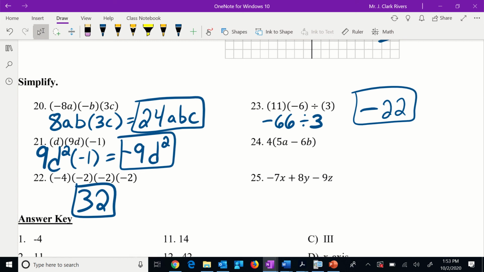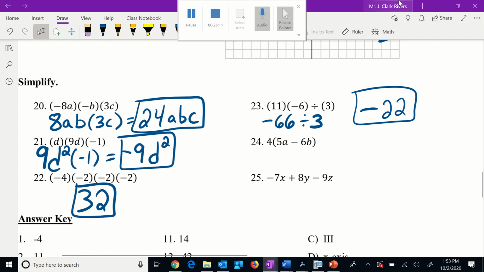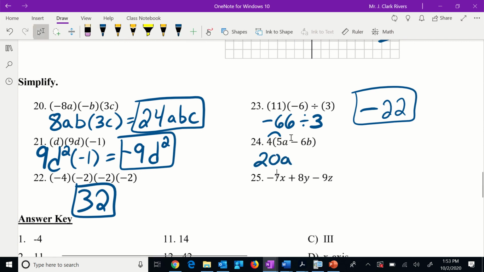On number 24, we're going to use what property? The distributive property. So 4 multiplied by 5a is 20a. Now there's two ways to think about this. You can say, well, there's subtraction, so I'm going to write subtraction next, and then I'm going to multiply. That's one way to think about it.